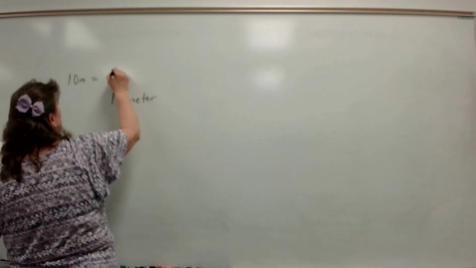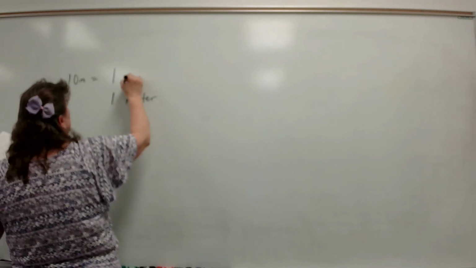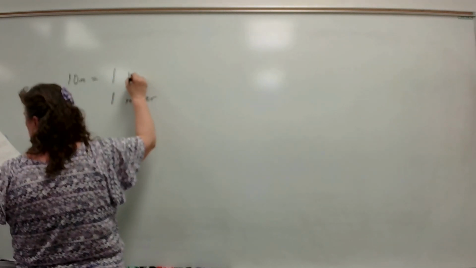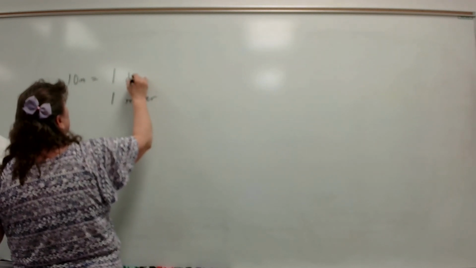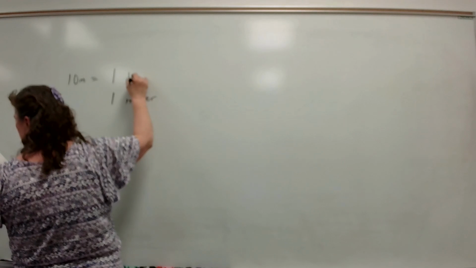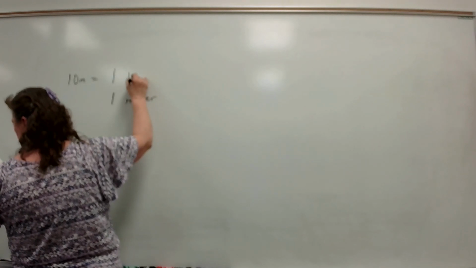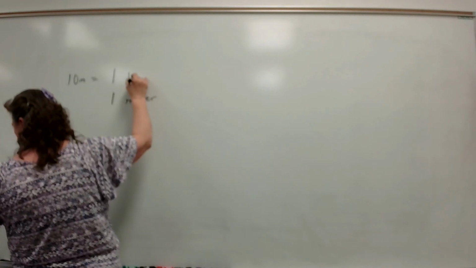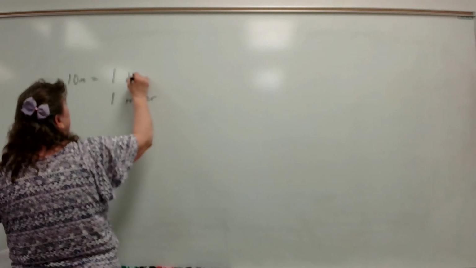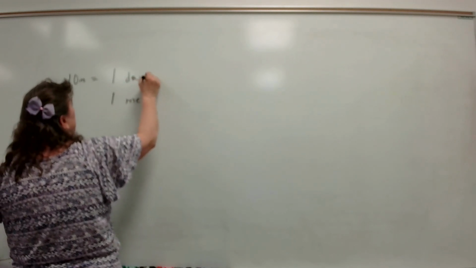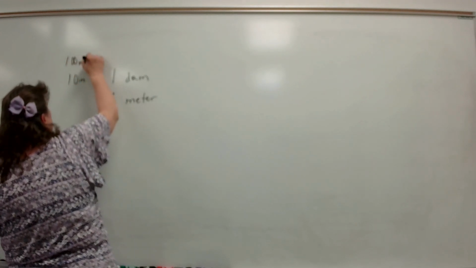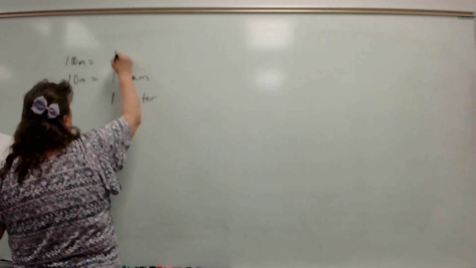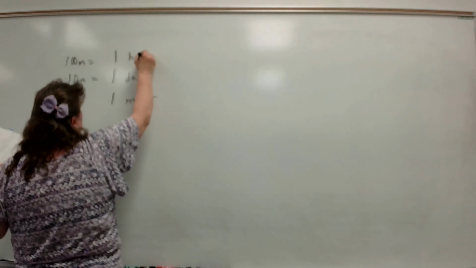10 meters is equal to 1 decameter. And this is sometimes called deca. Dam. Yeah, 1 decameter. 100 meters is equal to 1 hectometer.